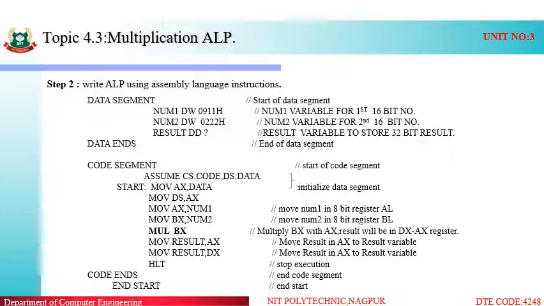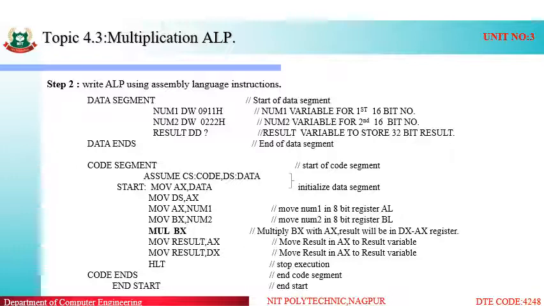Now we have to perform the multiplication of unsigned numbers. Therefore we have to use the instruction mul. So mul BX. That means BX will be multiplied with AX, because AX is the default destination.